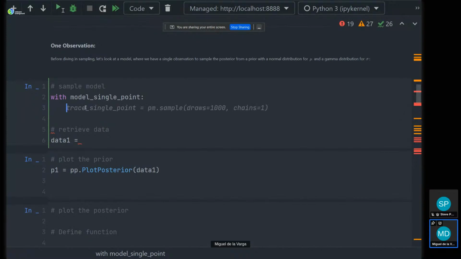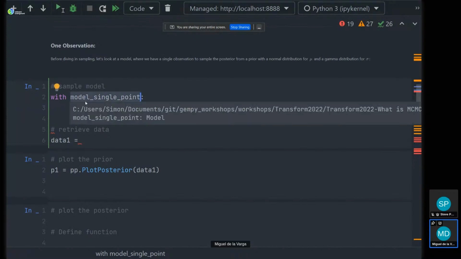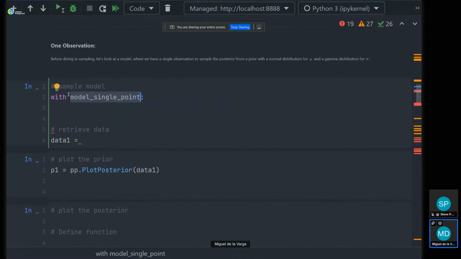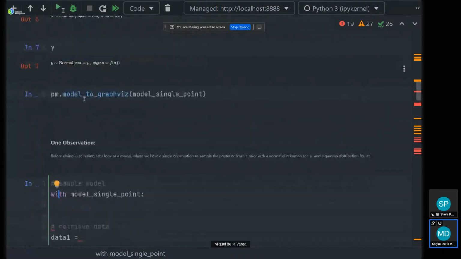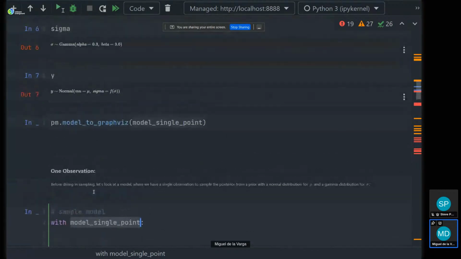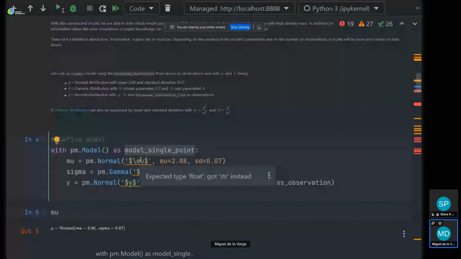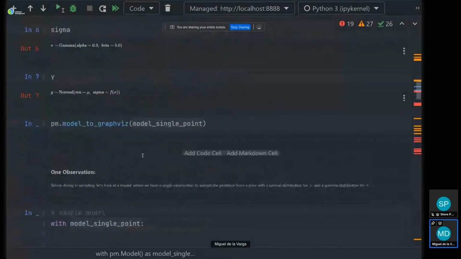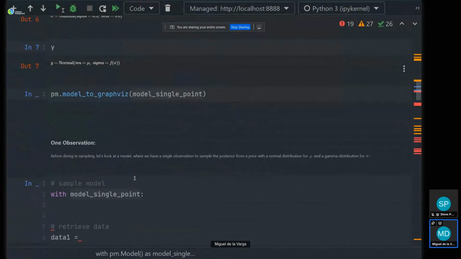PyMC has, so maybe I should say some words about the syntax, which is with. PyMC is using this with syntax to basically just define a model, and then everything that you have to define, the definitions of the priors, likelihoods, and also the sampling is happening under this. So this single point variable is defined here, and it's basically creating a class under the hood, and we just keep using it here.